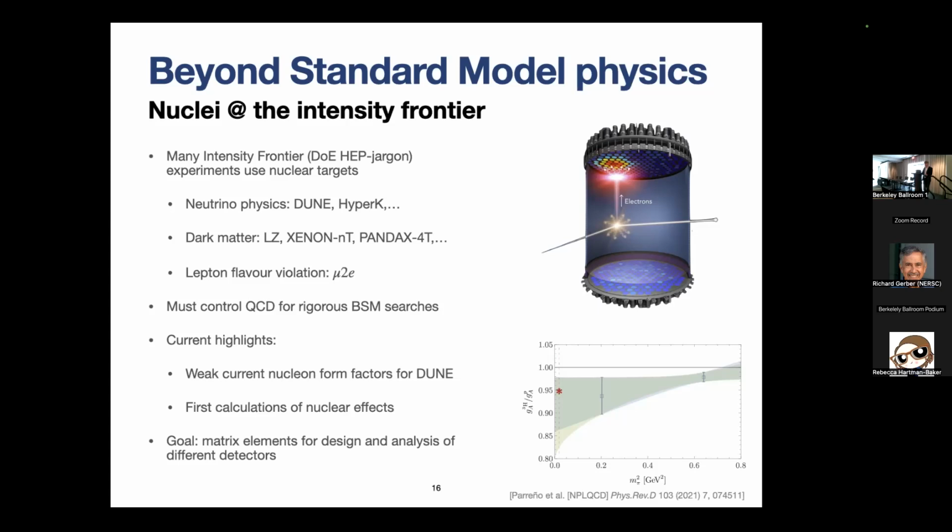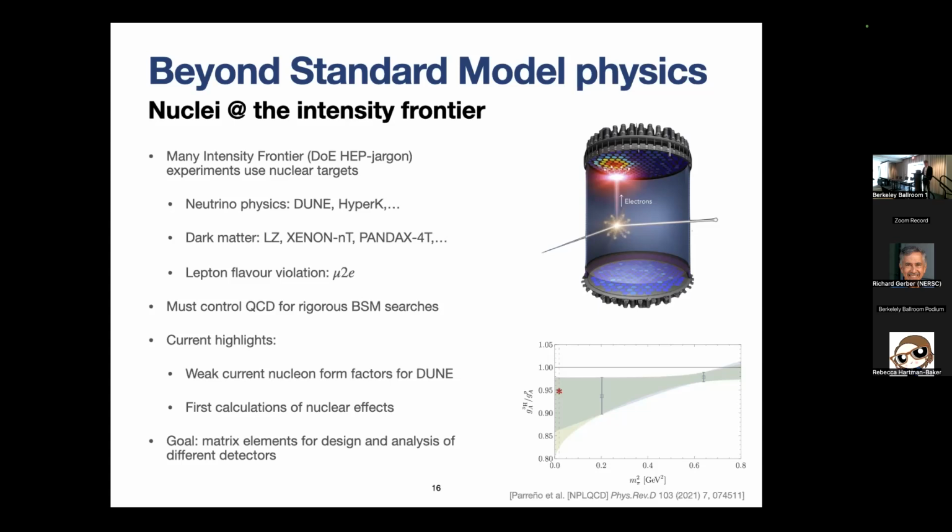So recently the field has spent a lot of time looking at the weak current interactions between neutrinos and a nucleon, a proton or a neutron, and computing the form factors needed for the DUNE experiment, and also doing first calculations of nuclear effects that might happen from it not being a single proton that you're scattering off.